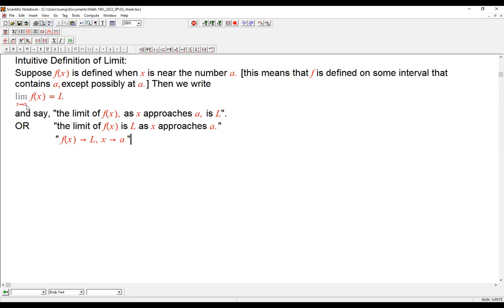It's a number that doesn't have to be in the domain of f of x, but it is in the same category of input.